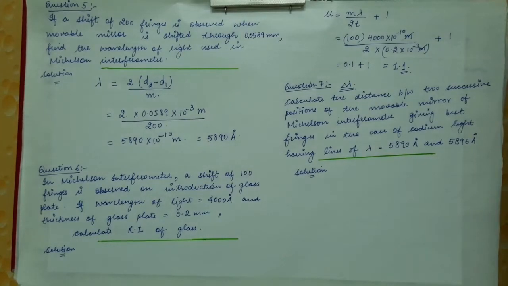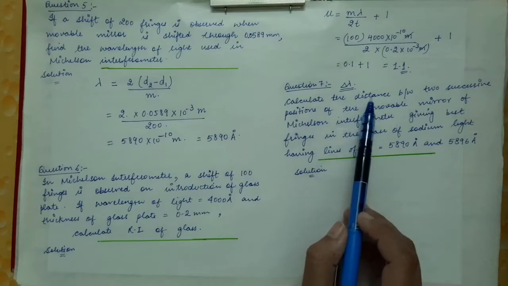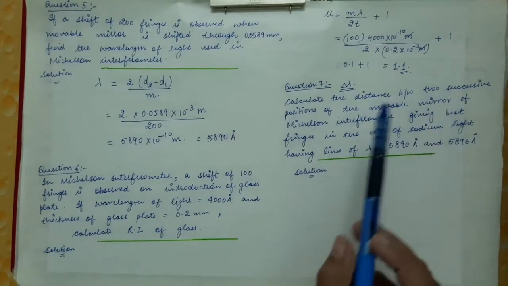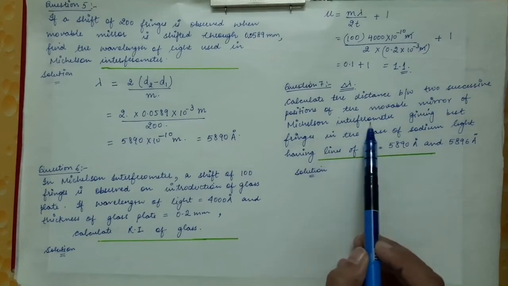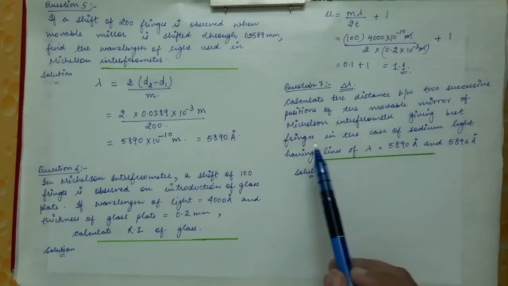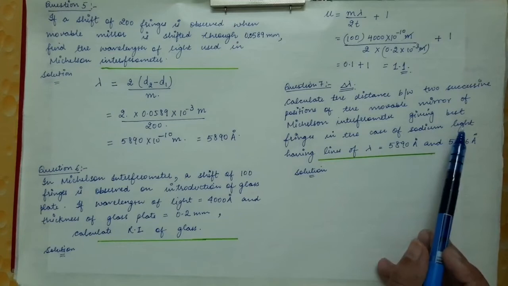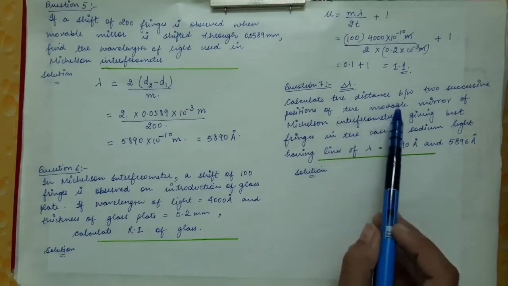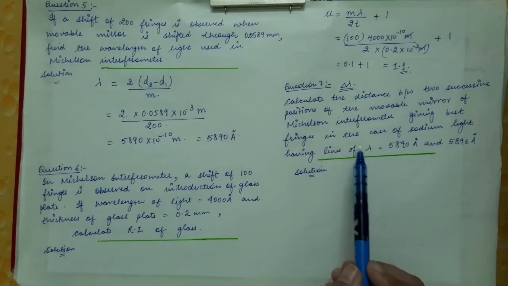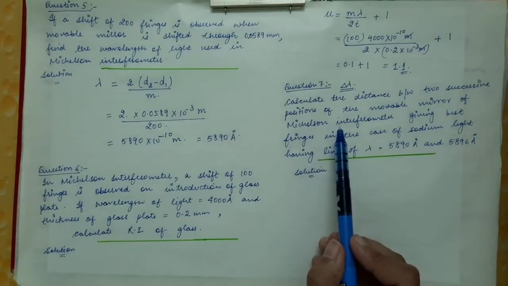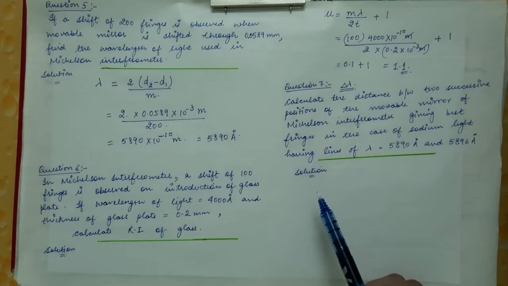So we have to find the distance between the two successive positions of the movable mirror of Michelson interferometer, giving the best fringes in the case of sodium light. So in the applications of Michelson interferometer, we had seen that when a single wavelength of light is used, we get one fringe pattern on the screen.